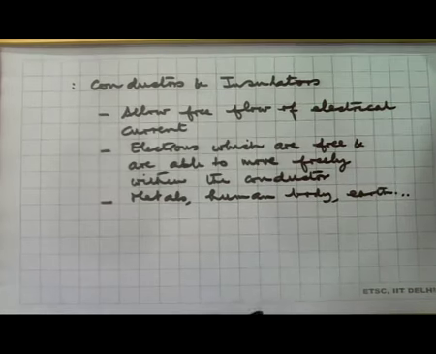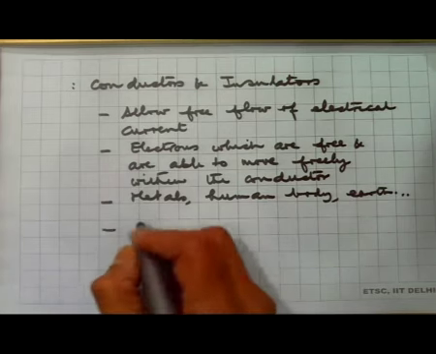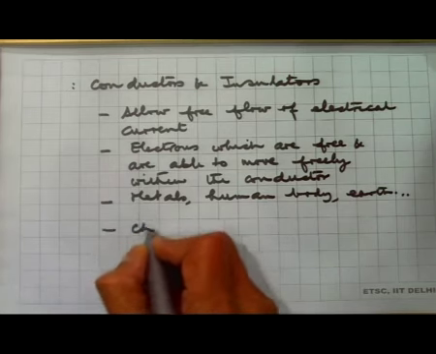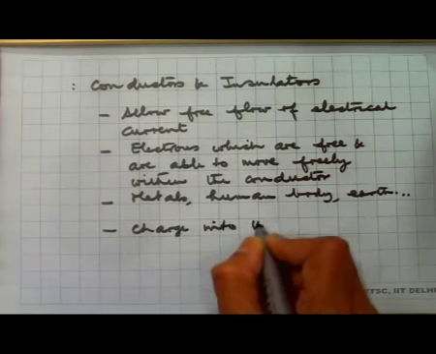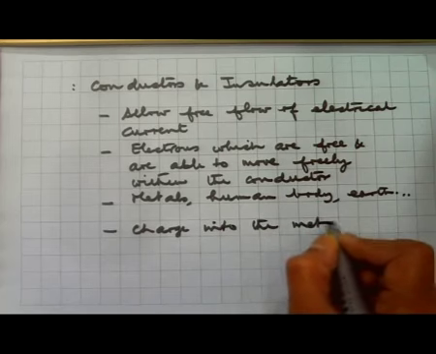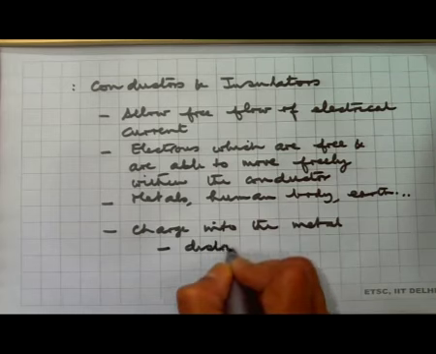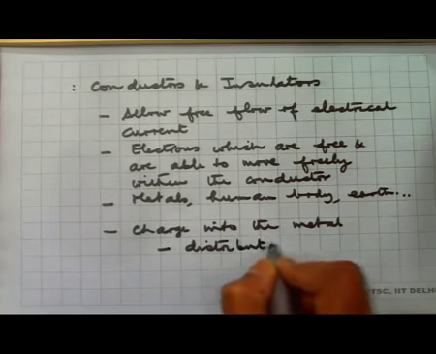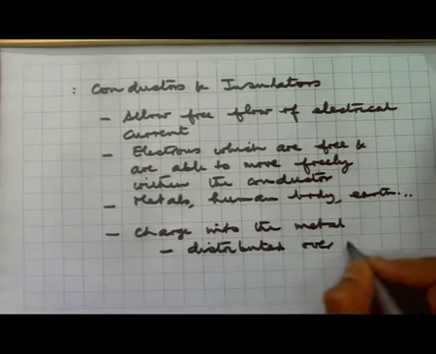And because electrons are able to move freely in these materials, if you put some excess charge into the metal, then the charge gets distributed over the entire surface.